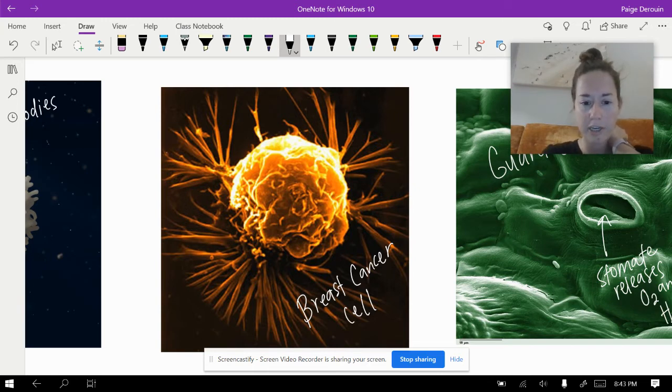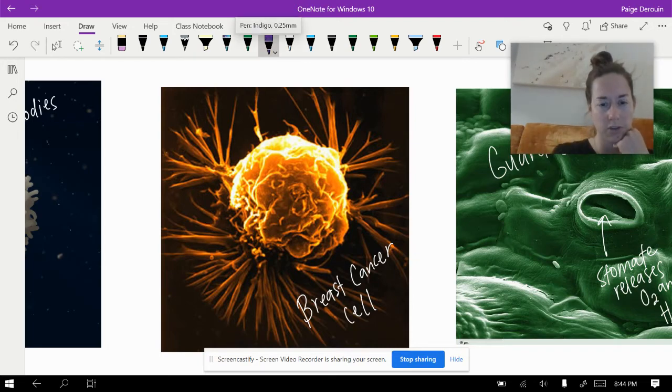In this picture, this cell has grown these protrusions that it isn't supposed to have. Cancer at its root is really just cells that are duplicating themselves out of control. So that's what a tumor is, just a clump of cells that kept replicating itself but shouldn't have been there. And we'll talk about it later too.